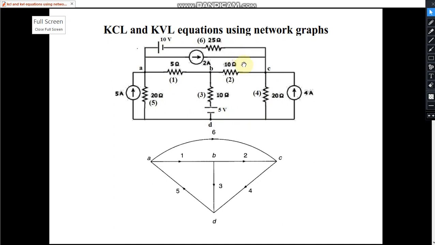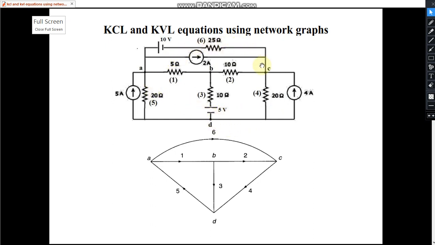Now you will be able to understand how PSpice solves this using the computers. We will be solving the same problem by KCL and then by KVL, and the answers are already known because everyone has solved it.